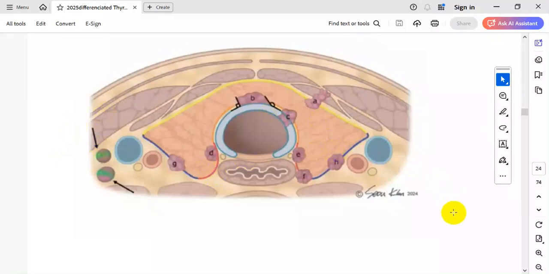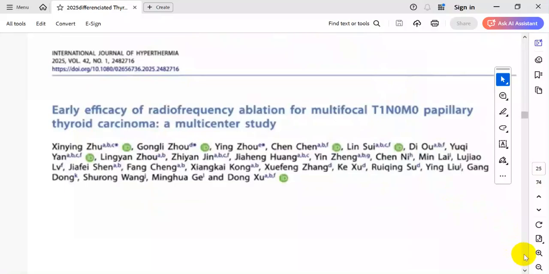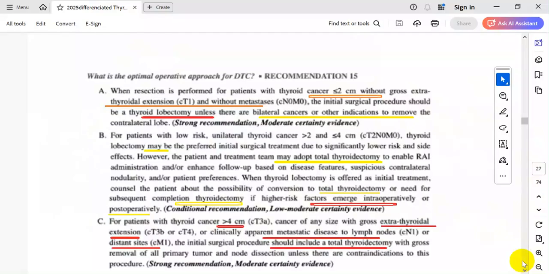Different surgeons will have different opinions, because in some cases it also depends on genetic mutations. Also, early efficacy of radiofrequency ablation for multifocal T1 N0 M0 papillary carcinoma showed that the size at follow-up in months will increase by 20, even 50%, even more.